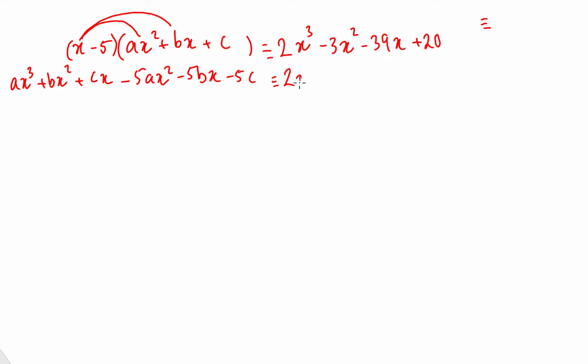This is identical to 2x cubed minus 3x squared minus 39x plus 20. Okay, what I'm going to do now is write these in different colors.